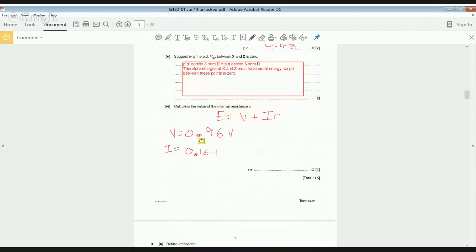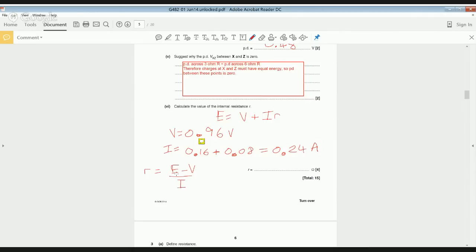So the current out of the battery is 0.16 plus 0.08, and that gives us 0.24 amps. We can then rearrange our equation to get little r equals E minus V over I. We've plugged those values in.